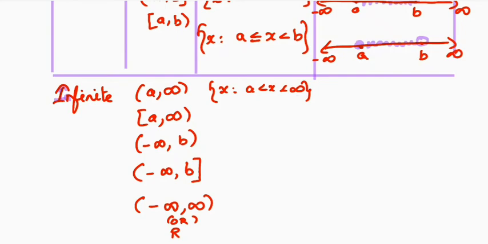Okay, and you see the diagram. So on the diagram, it is minus infinity to plus infinity. Here A and B is there. So A is not included. So you have to mark the unfilled circle. So from A to the real numbers up to infinity.